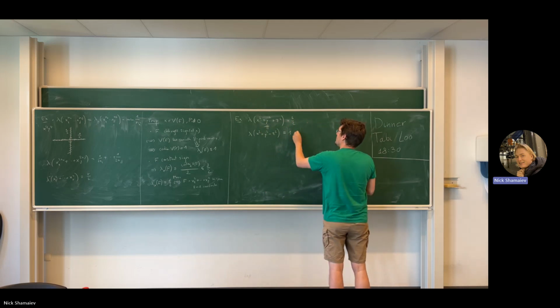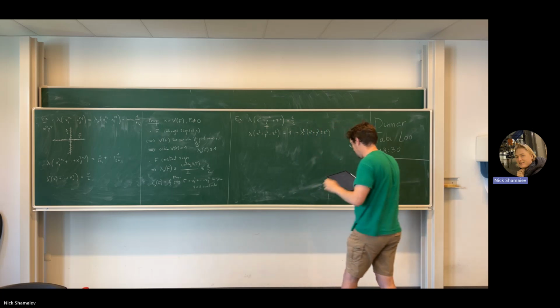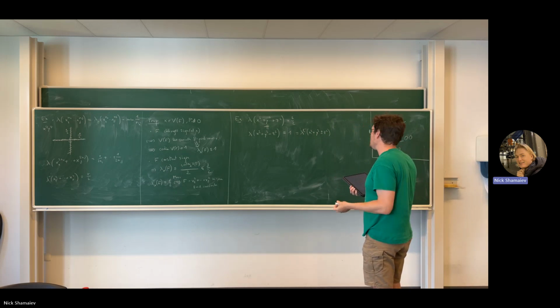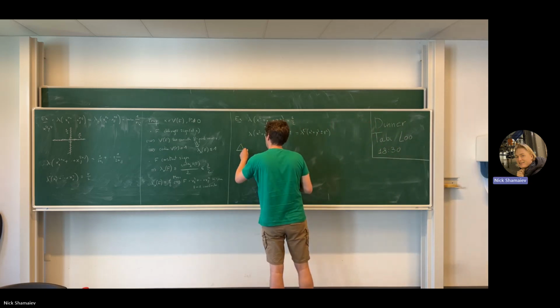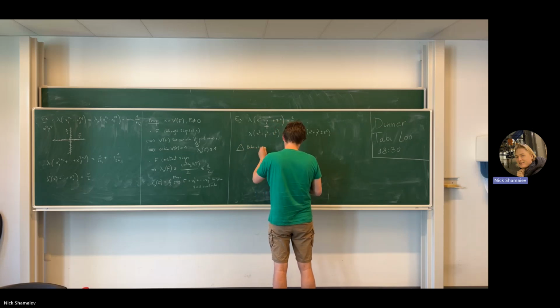But actually, this is the complex log-canonical threshold of x plus y squared plus or minus this, because over C the sign does not matter. And there are lots of ways in which the behavior of the real log-canonical threshold is more subtle.